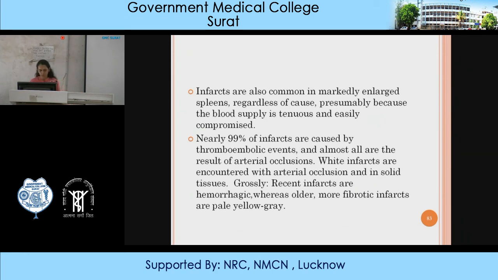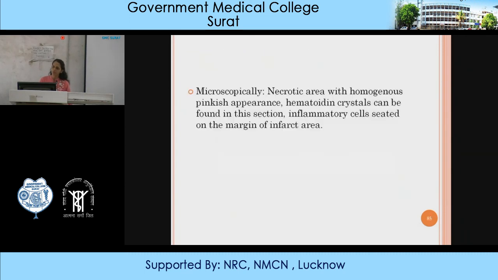White infarcts are encountered with arterial occlusion. Grossly, recent infarcts are hemorrhagic, but older ones are white, pale, yellow. You can see the infarct. Microscopically, infarct is just like a necrotic area. Homogeneous pinkish material can be seen.